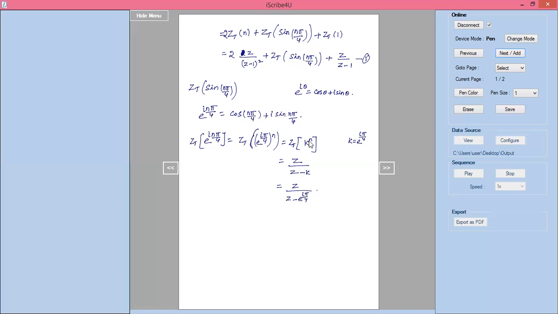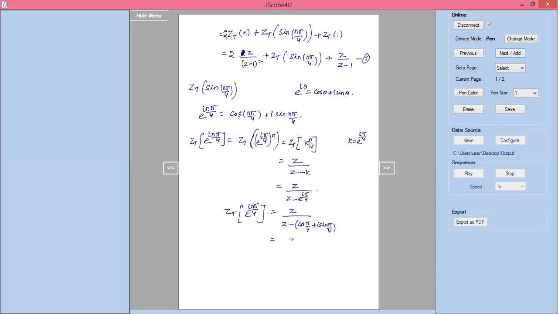What is e power i pi by 4? It is nothing but cos pi by 4 plus i sin pi by 4. So the Z transform of e power i n pi by 4 equals z divided by z minus cos pi by 4 plus i sin pi by 4.